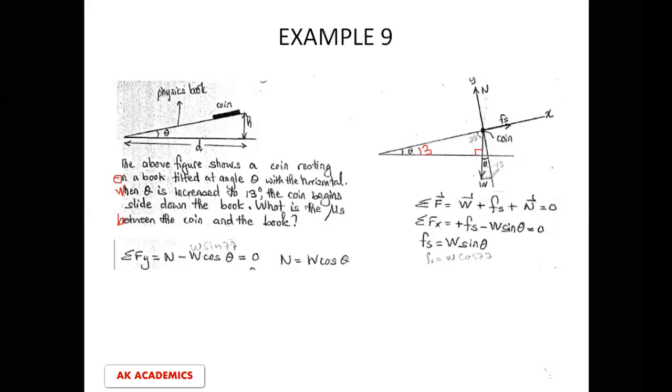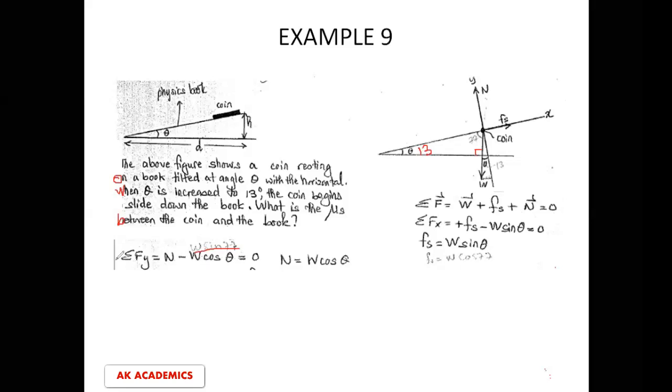To form a vertical component, it's going to be W sine 77. If you want to use cos, it's going to be W cos 13. But if you want to use 77, it's going to be W sine 77. So pay attention to those.